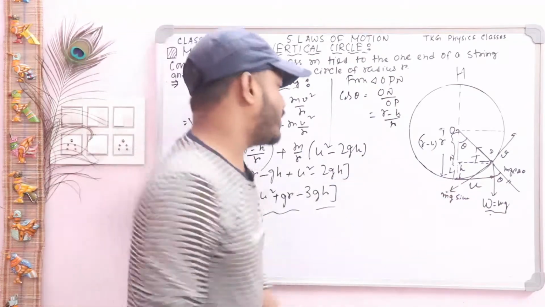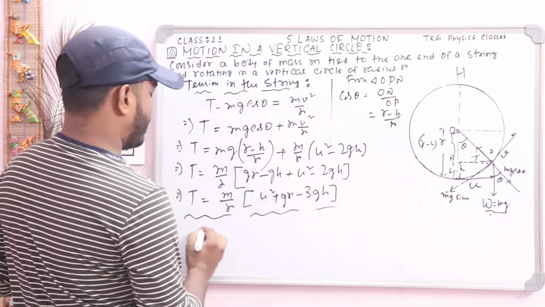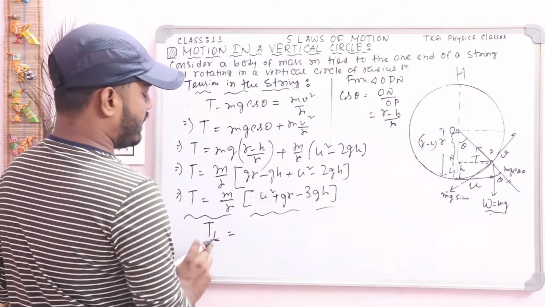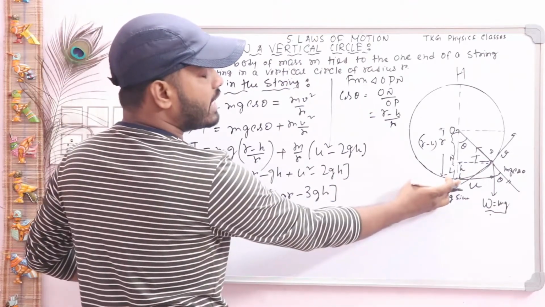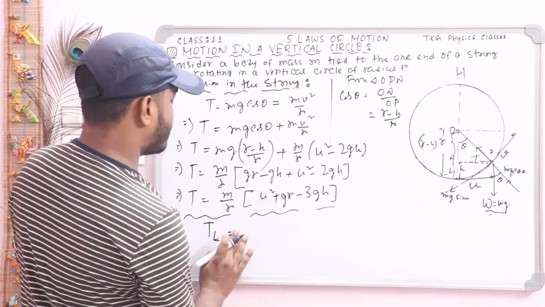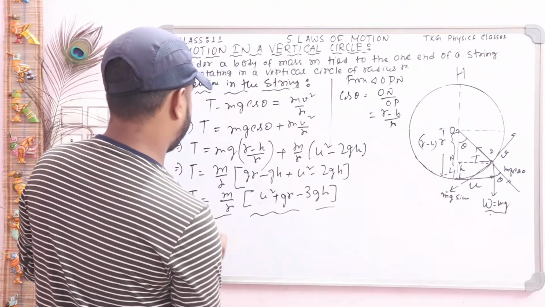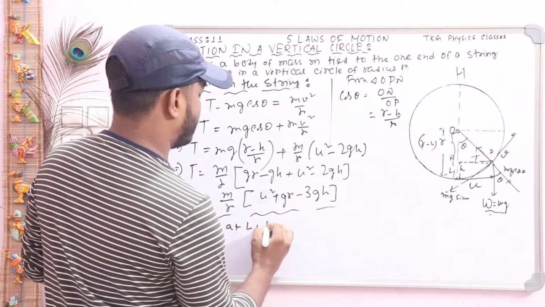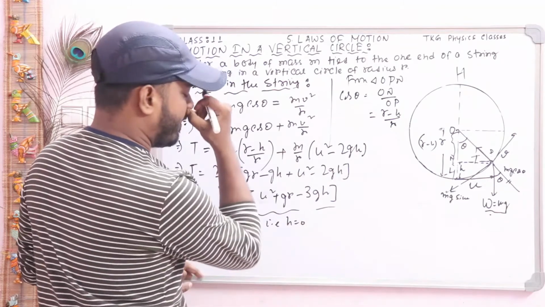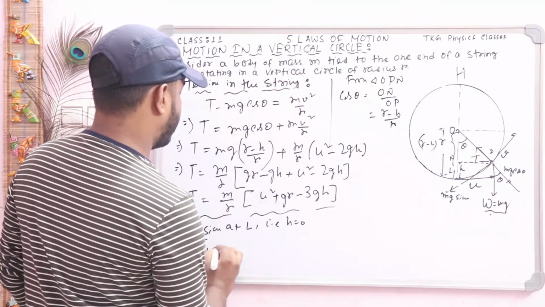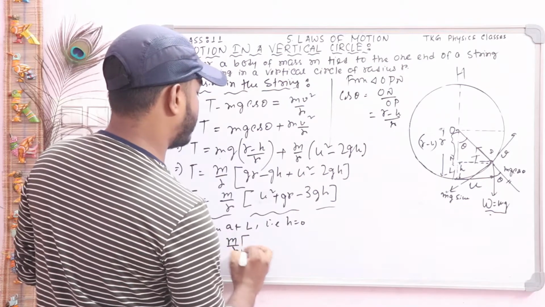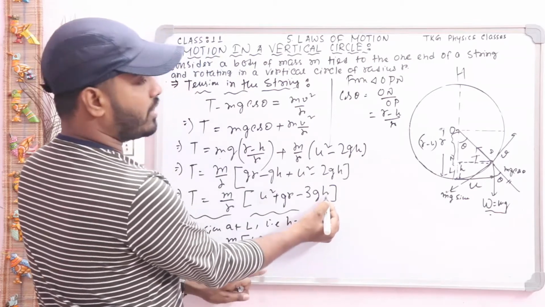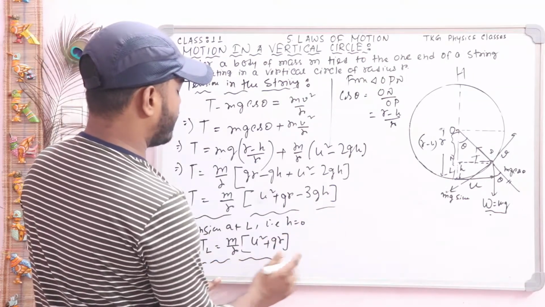So write tension at the lowest point, represented as TL, where h is equal to 0. TL is equal to m by R times (u square plus gR), and since h is 0, the last term is 0. This is the expression of tension at the lowest point.